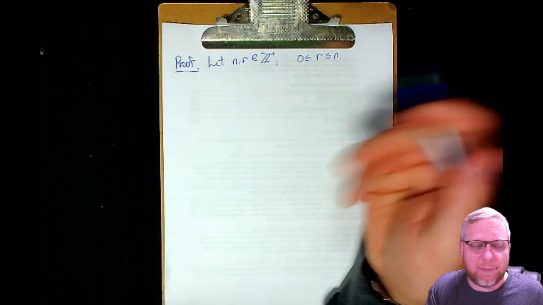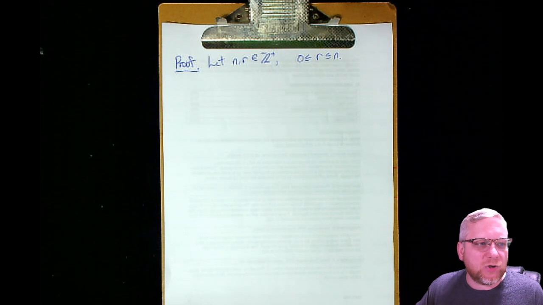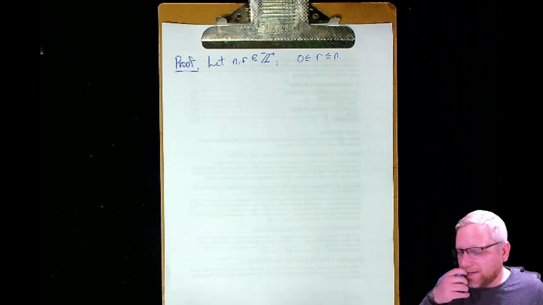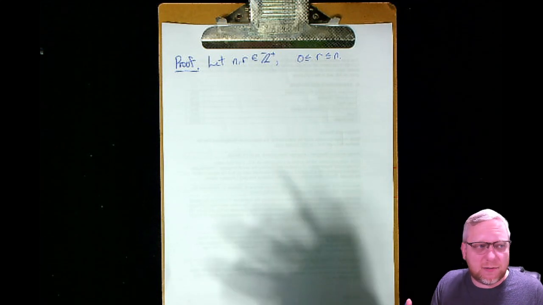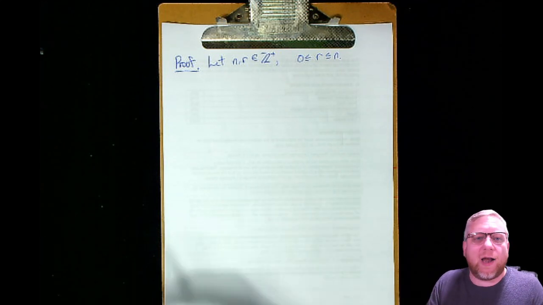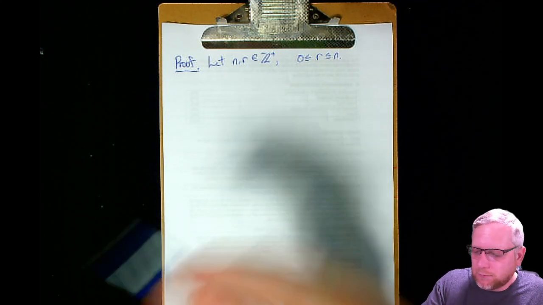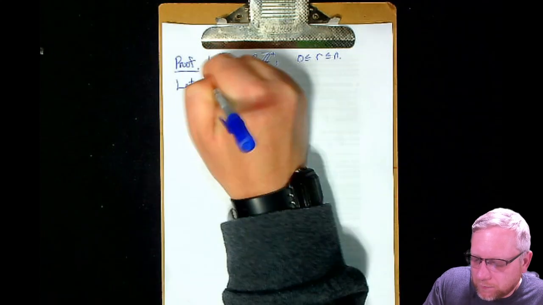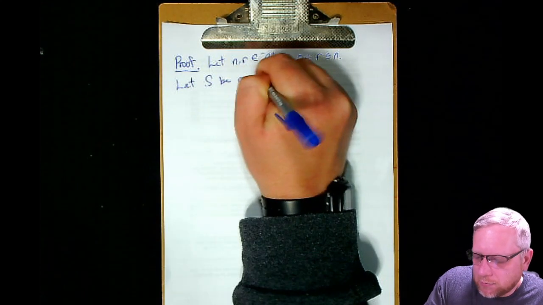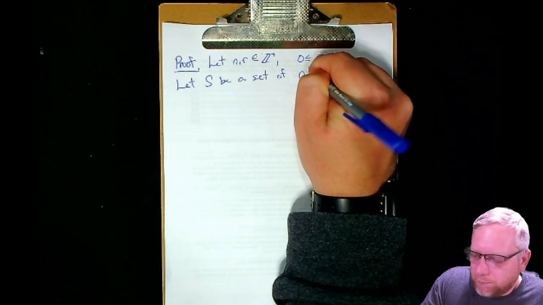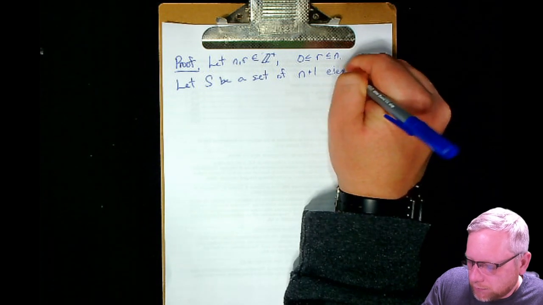So I'm going to create a set of n plus 1 elements and count the r element subsets of S. So let S be a set of n plus 1 elements.